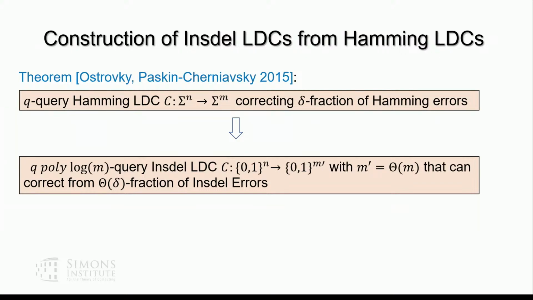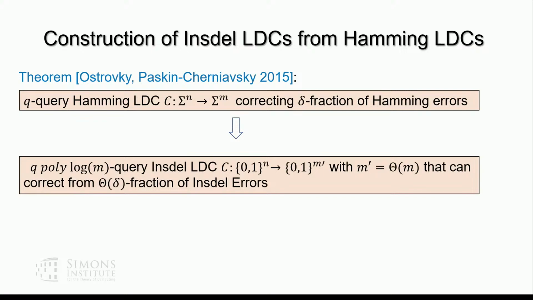I'm switching from k to n in the first part of the talk to n to m here, but hopefully it will be clear from the context. So a polylog of the length of the codeword blow up in the query complexity, and with a constant blow up in the rate and a constant blow up in the distance.